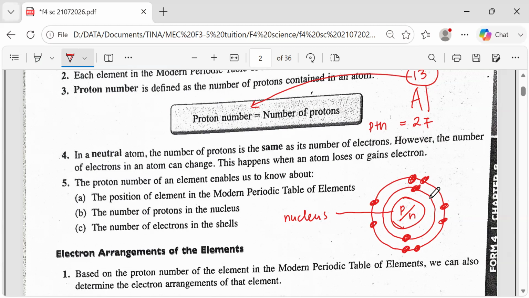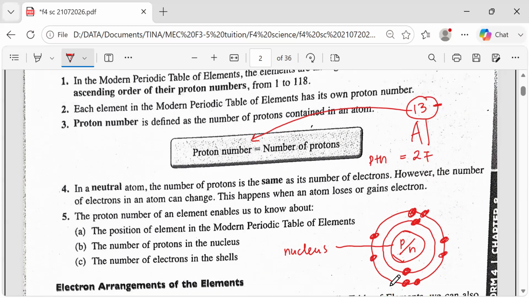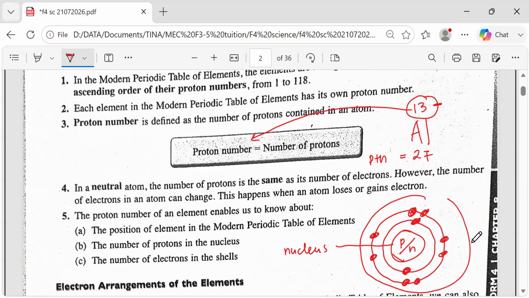So the first shell 可以放 maximum 2粒，如果它多过2个，就第一个 shell 放2个，第二个 shell maximum 8粒。Okay, so now 2, 8，总共多少了？10. So how many more? Aluminium got how many? Aluminium 13. Outside 3, like that.